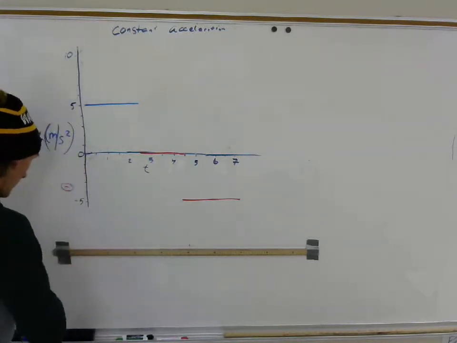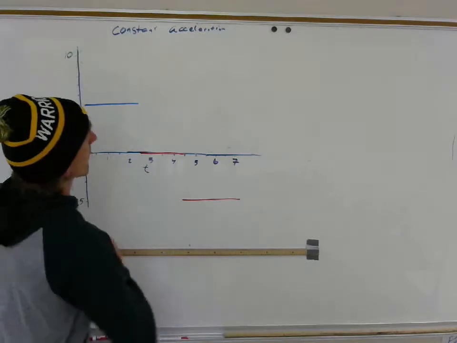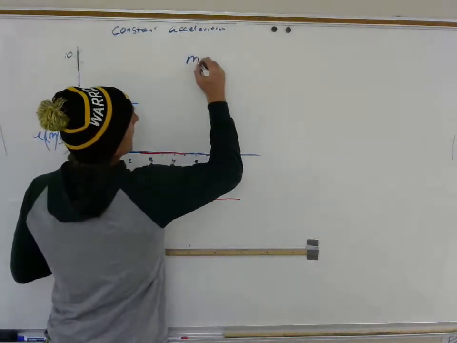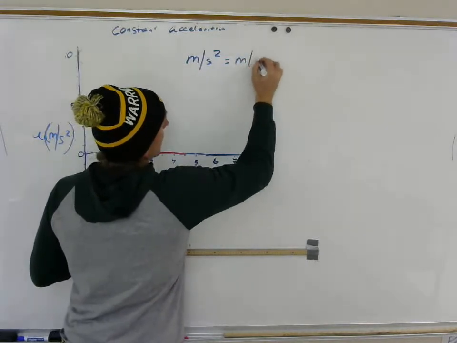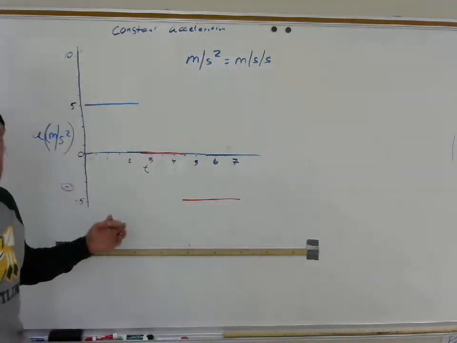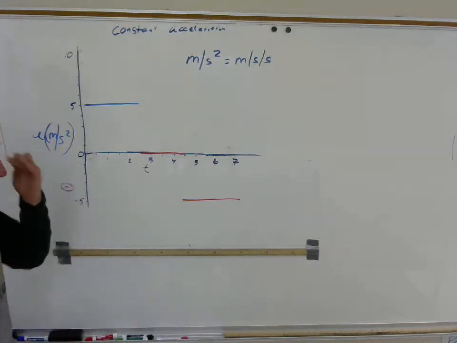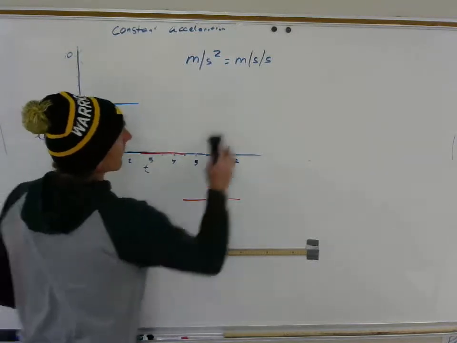Now, let's take one quick second here and let's talk units. Typically, we're going to see meters per second squared. This is the same thing as saying meters per second per second. So you may see it either way, all right? They're the same thing. Now, what we have to do is interpret this.